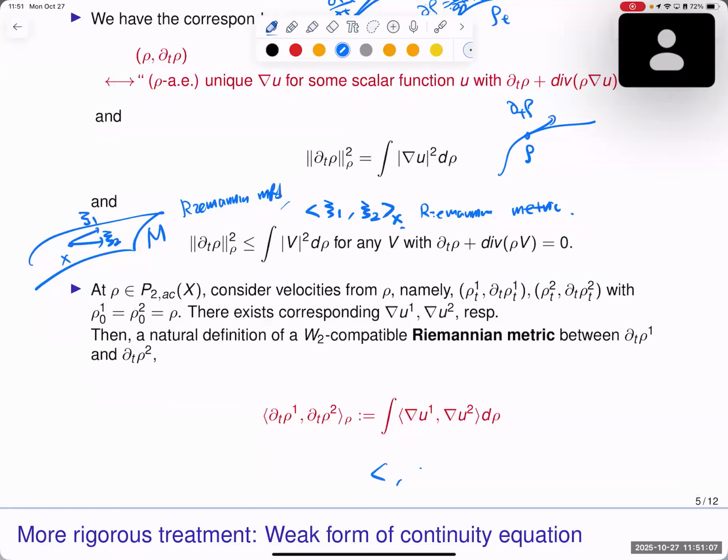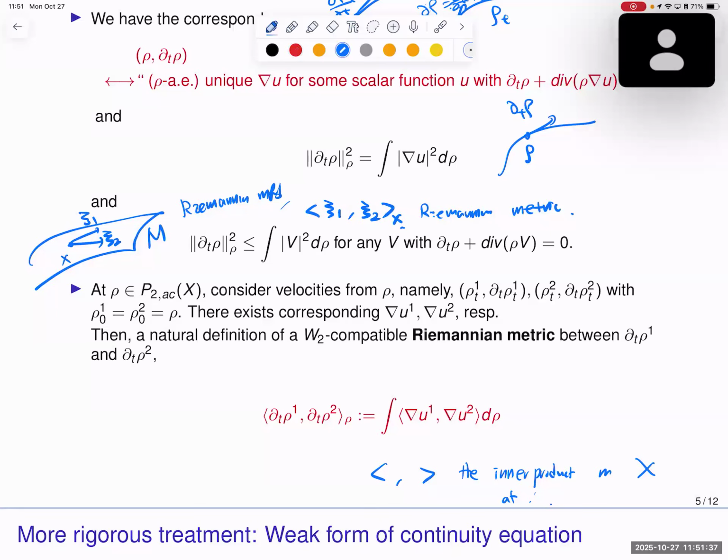So this is the inner product at your current location. Actually, I have to rewrite it to be more precise.